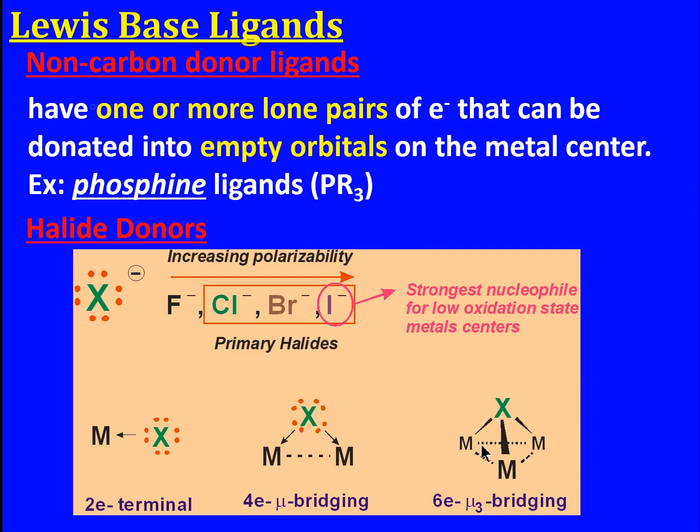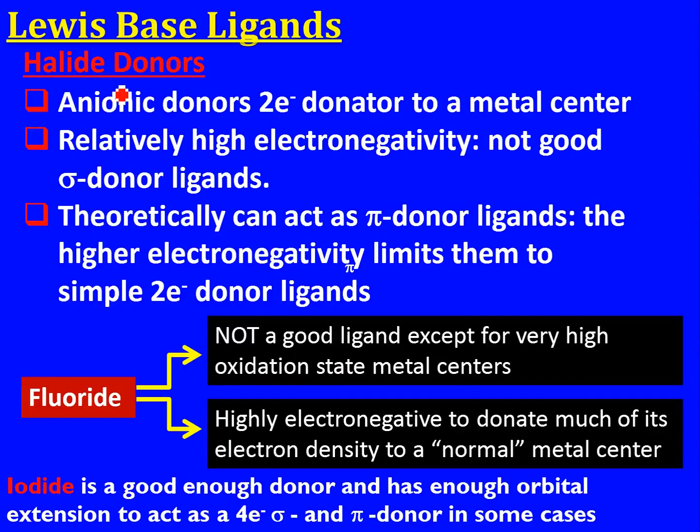Or the halide can bridge between 3 metallic centers and is a 6 electron mu3 bridging, or 2 electron donor to each metal center. Halides are anionic donors in general of 2 electrons to the metal center.